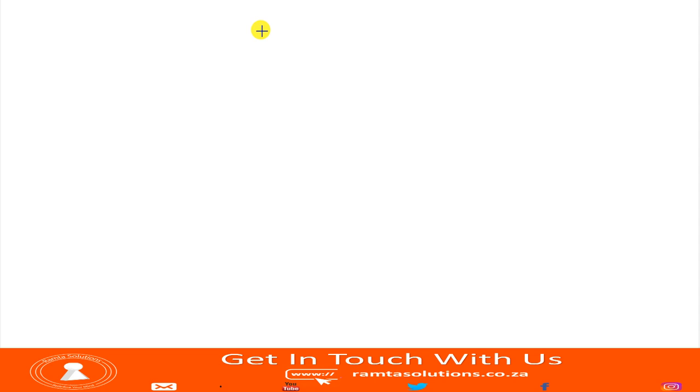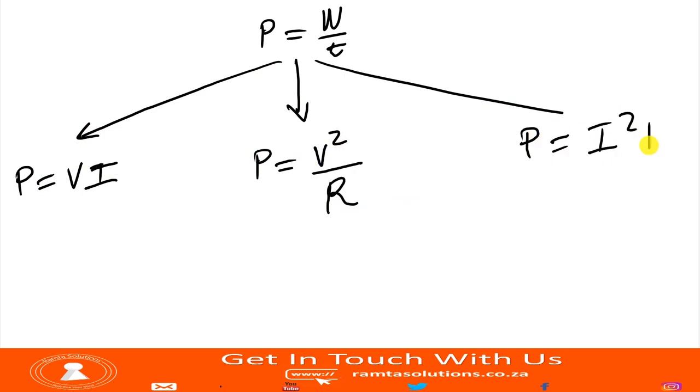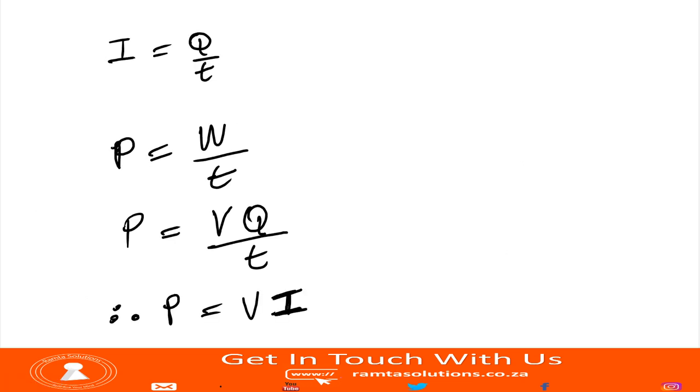So power is equal to W over T, which could be broken down to power equals VI, or power is equal to V squared over R, or power is equal to I squared R. So these are the equations of power that you will come across. So far we have 4 that we can use.